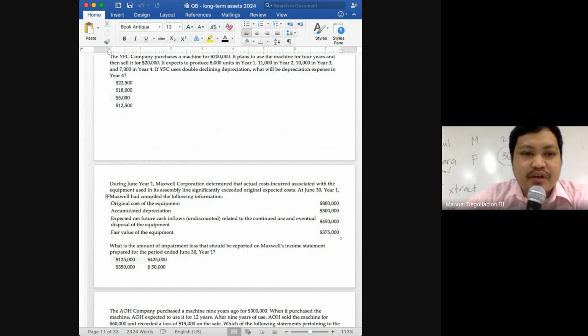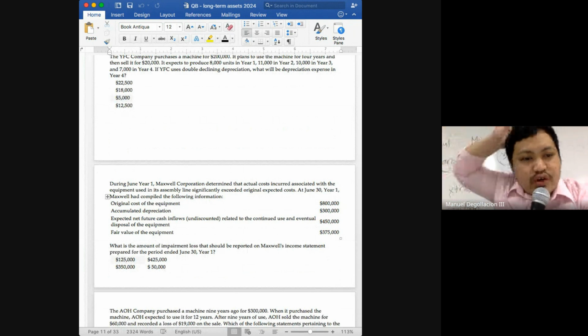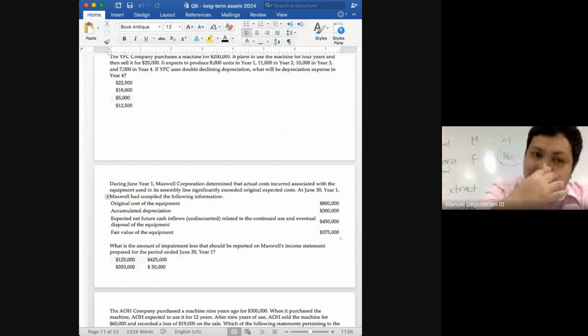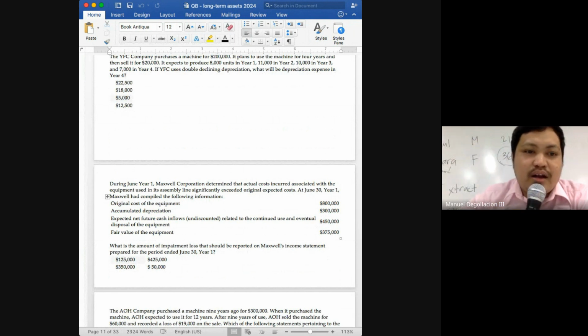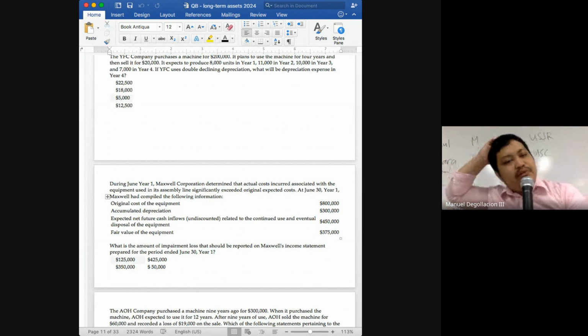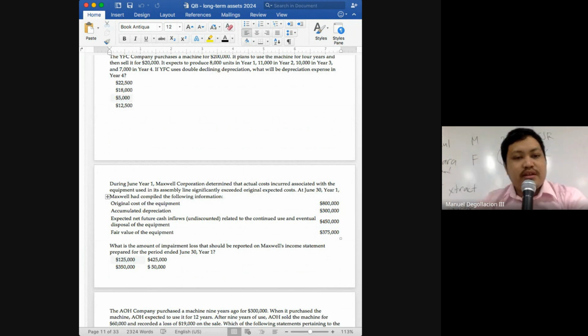Because I understand the confusion earlier between book value and carrying amount. In foreign books, they use book value to what we refer to as our carrying amount. I am more comfortable with using carrying amount because that's the term that is commonly used in the standards. But again, book value will just be the value of the asset or liability in the books.